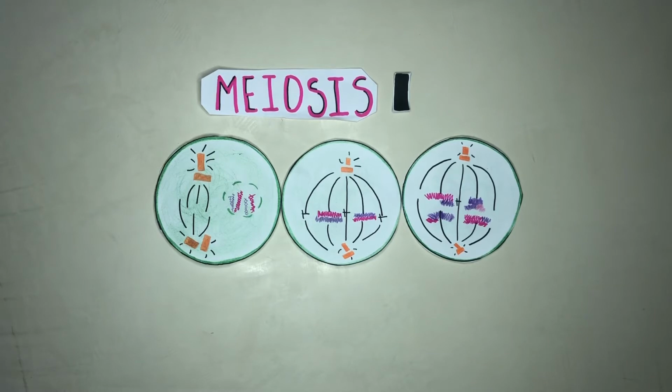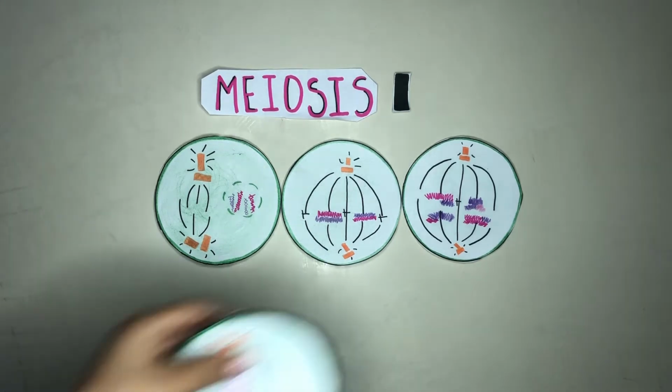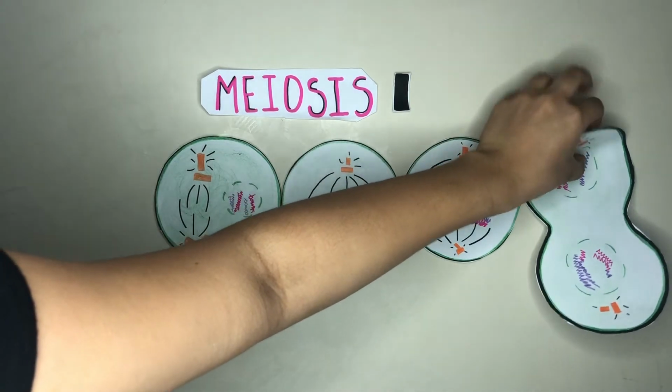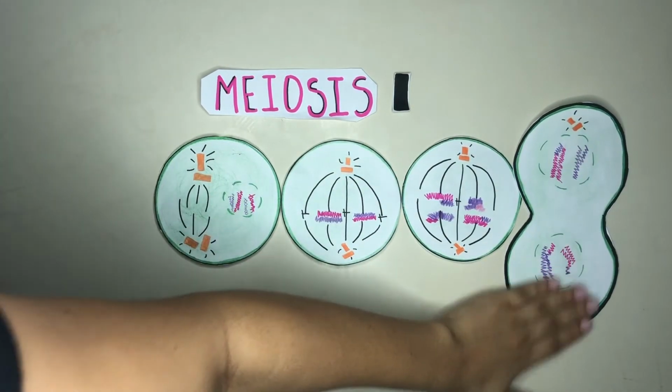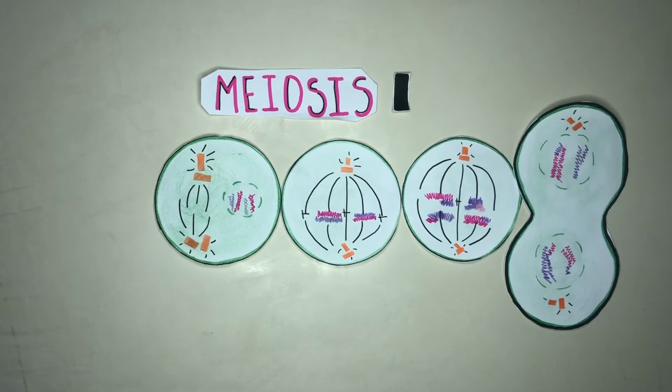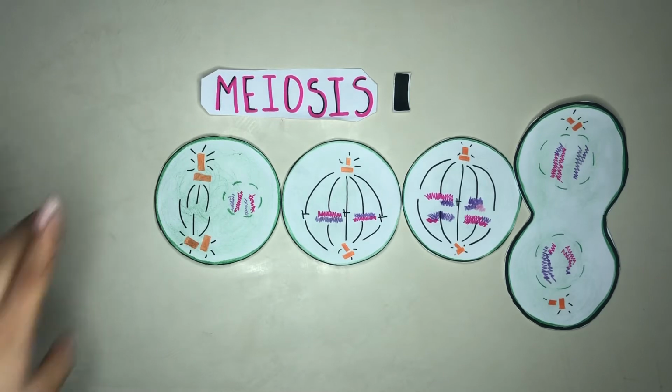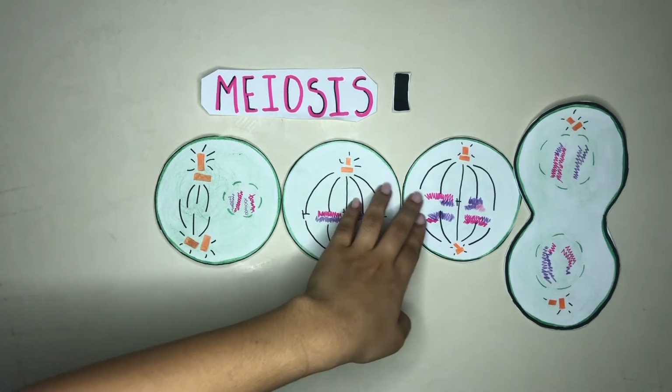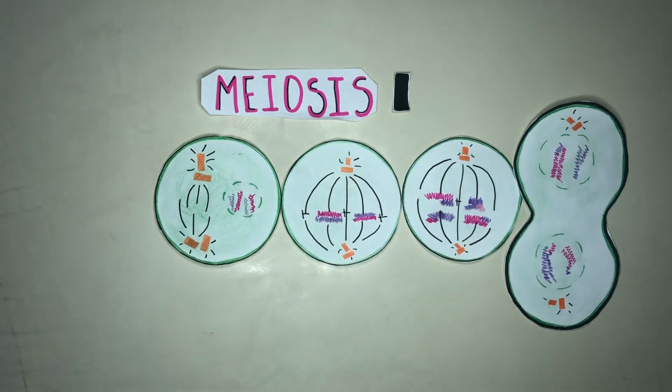Then we have the last phase of meiosis 1, which is the telophase 1. Here we have the telophase 1. We can see that it is very different from the other phases. You remember that at the beginning of the video I said that the objective of meiosis is changing the diploid cell to a haploid cell. So this is the diploid cell, and we have two phases to change it to a haploid cell.